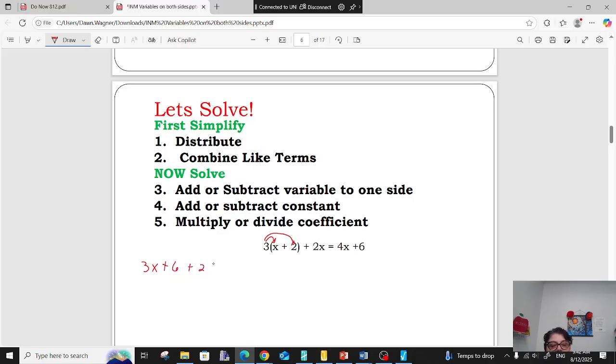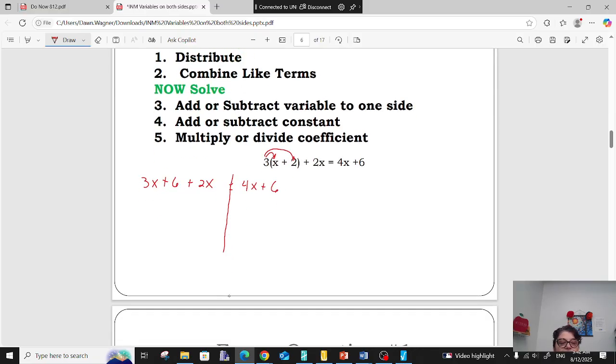Plus 2x equals 4x plus 6. Some students think that drawing a line here helps because it clearly divides the equal sign. You don't have to do that, but if that helps you as a visual, you may want to do that.